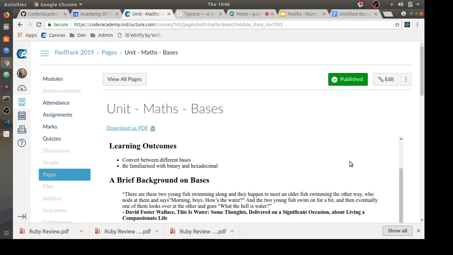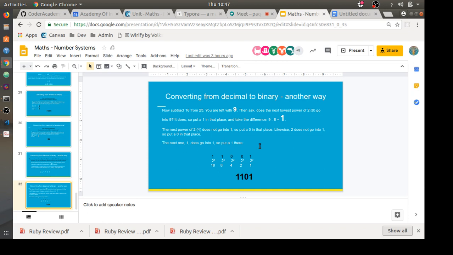Another way to do that last conversion is to convert your decimal to hexadecimal first, and then convert the hexadecimal to binary. Then you can just do it one fixed digit at a time. That's right, and that would be faster for a small number like 25. Because converting 25 to hex wouldn't be too hard, right?